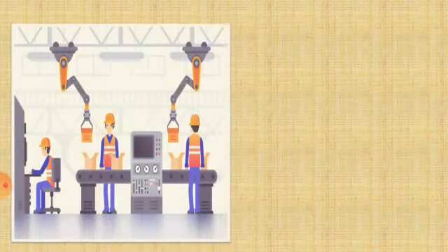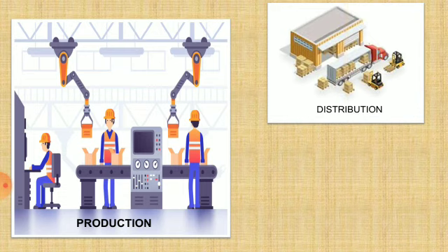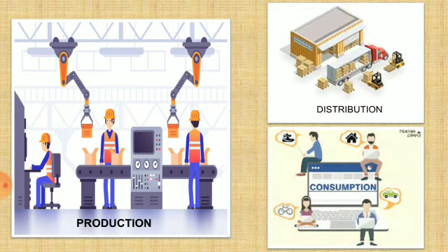Now, geographically speaking, the enterprises related to production, distribution, and consumption of goods and services in a specific region is called an economy. Now, what is economy? Economy is something where production, distribution, and consumption is involved.